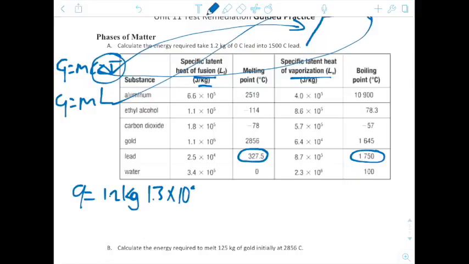So its initial temperature is 0, its final temperature is 327.5, so our change in temperature is 327.5 minus 0.